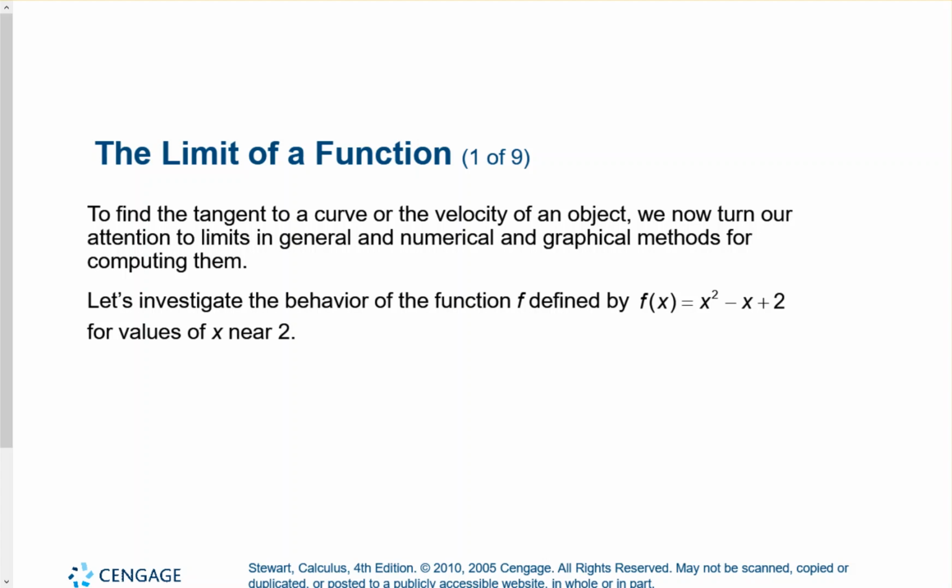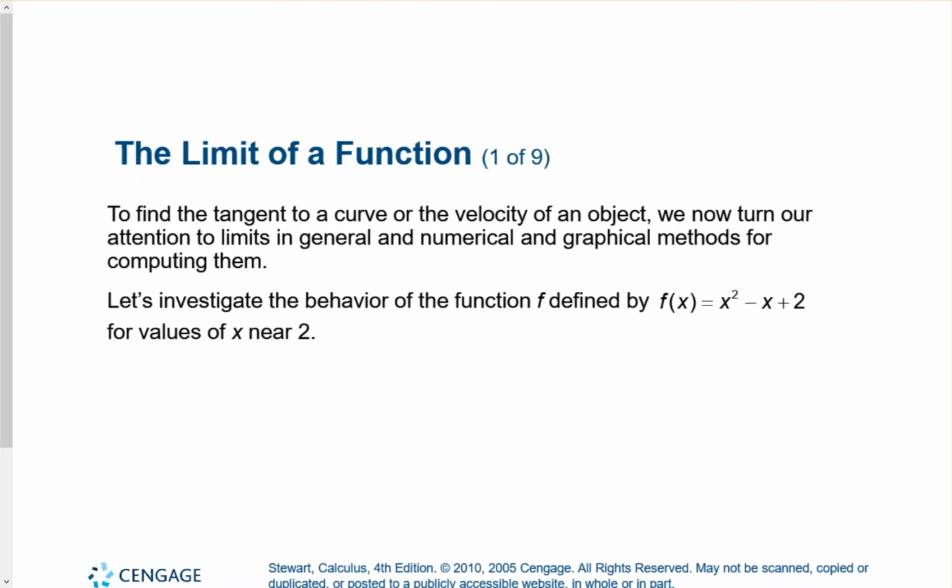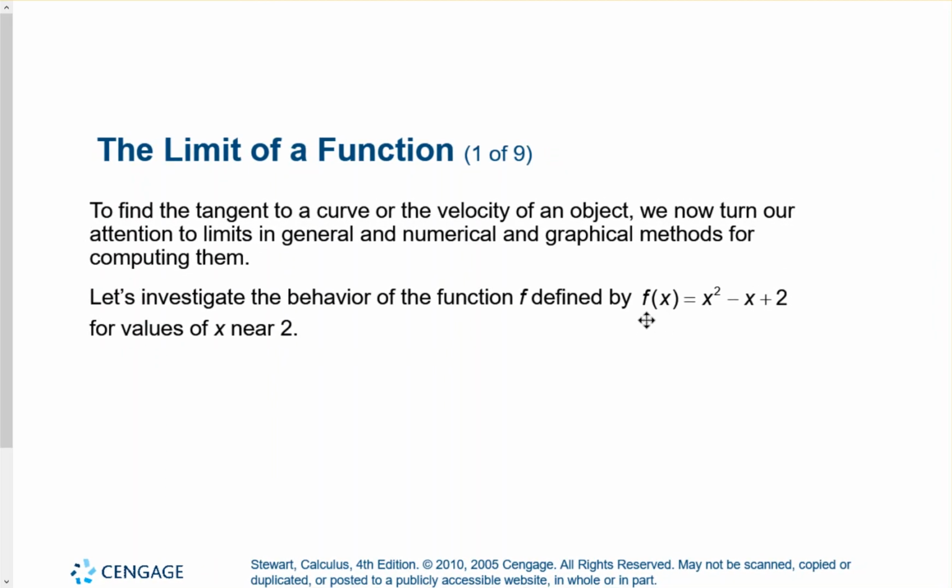So we start off with our first example. The behavior of the function f defined by f of x equals x squared minus x plus 2. There's our function, and we're going to be looking for what's happening to that function for values of x near 2.